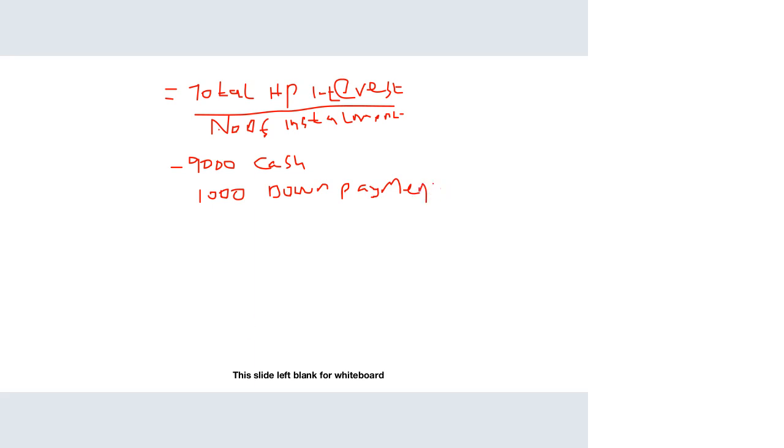Down payment is 1,000, and then we have the hire purchase price, 12,200. That is the hire purchase price. Then we are told the normal rate of interest is 10%.